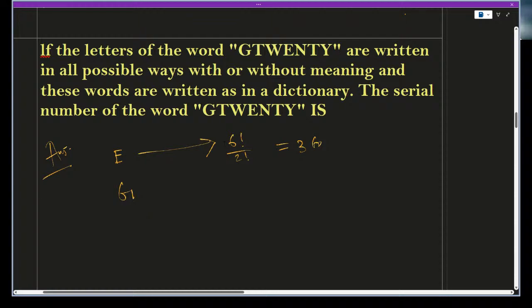After G, which one comes alphabetically? GE. With G, you can do arrangement. How many? 5 factorial by 2 factorial, that is 60. Then after G, which one comes? GN. How many will be there? This is also 60. After that, which one? GT.